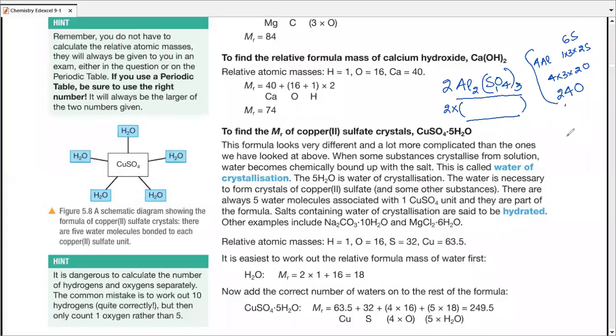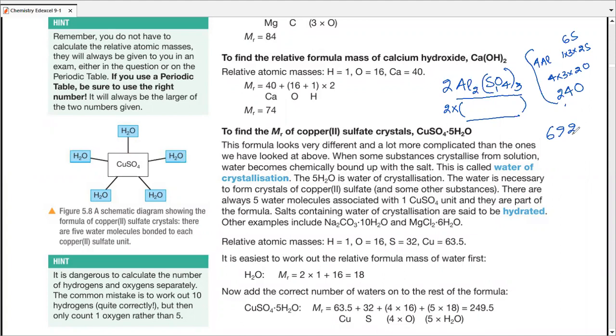So I used the first method and I got 692. Okay, that means the individual one must be 346.